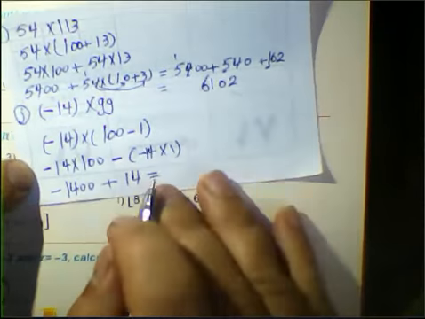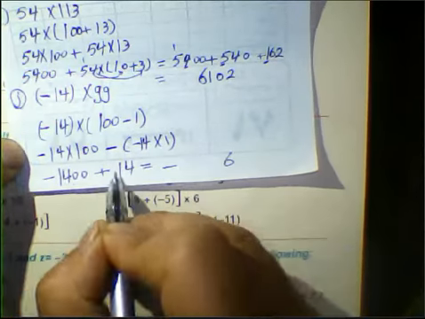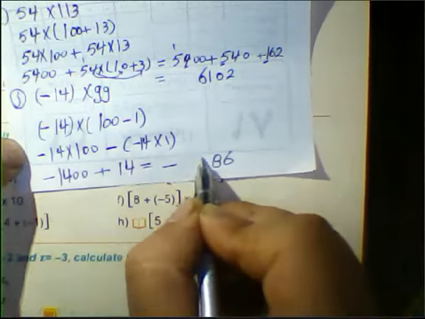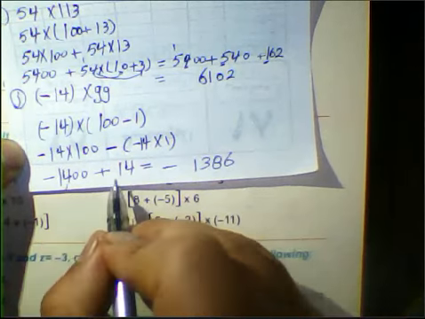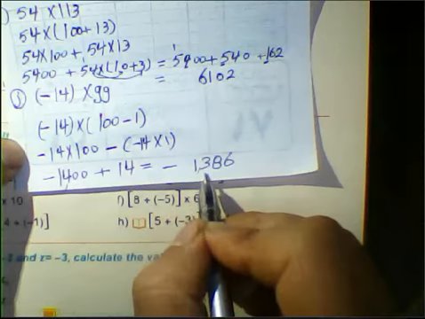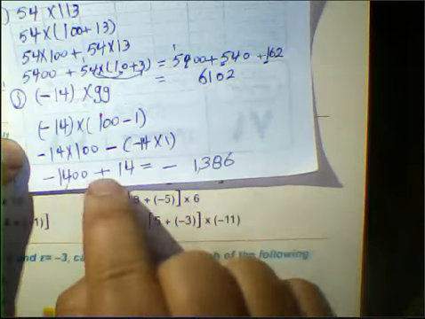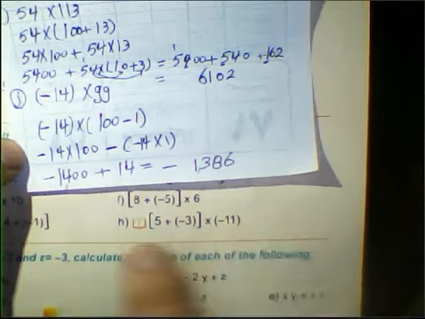So the result will be negative 1400 plus 14 equals negative 1386. We have different signs here, so we must find the difference between the two digits.